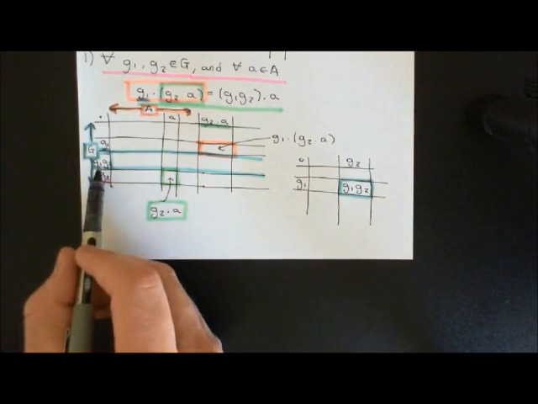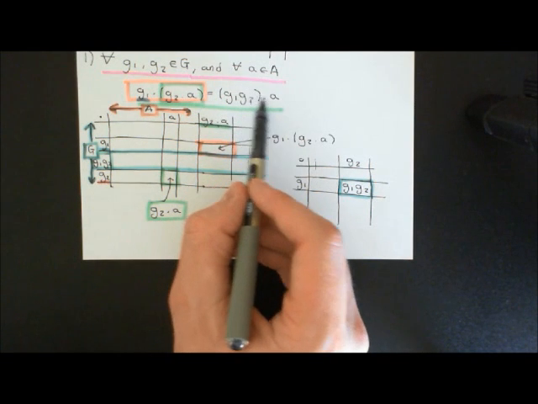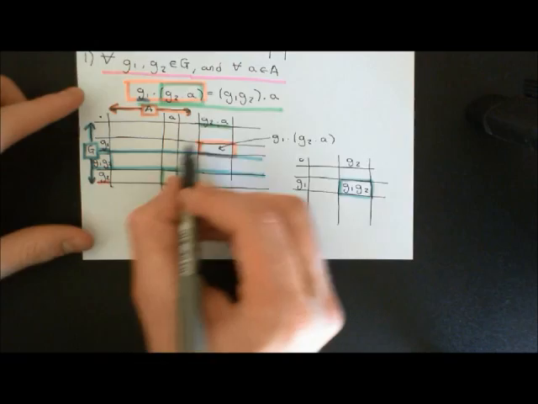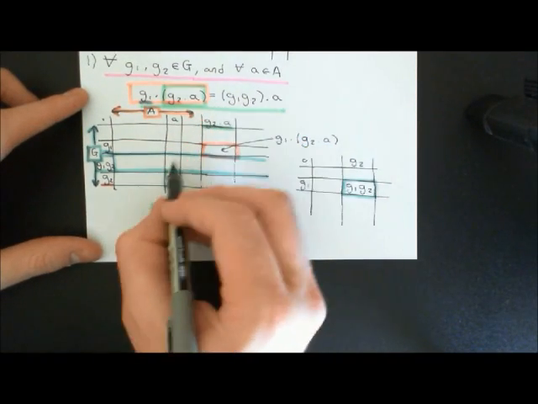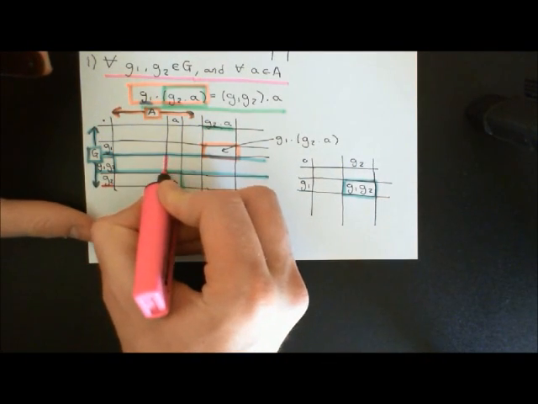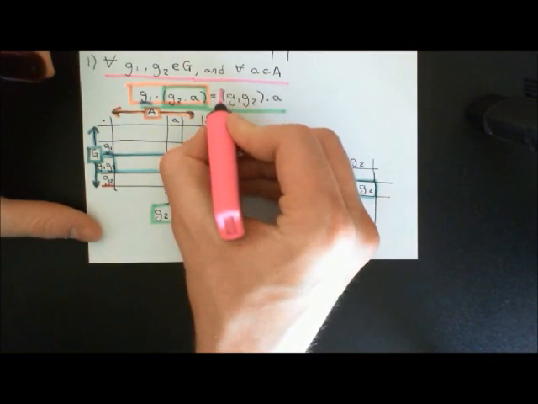Then we're going to take g1 composed with g2 and act whatever that answer is on the element A. So this time the answer on the right hand side is this answer here in the group action composition table.